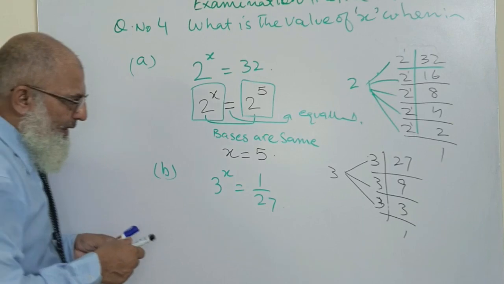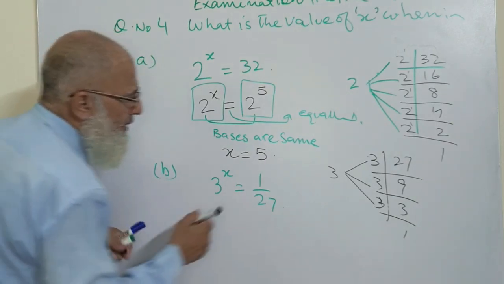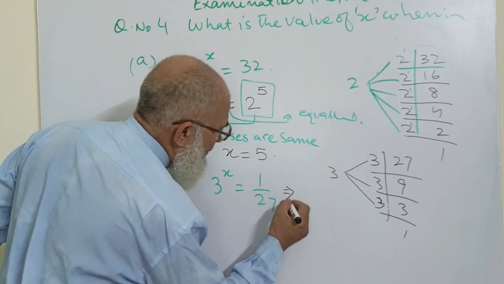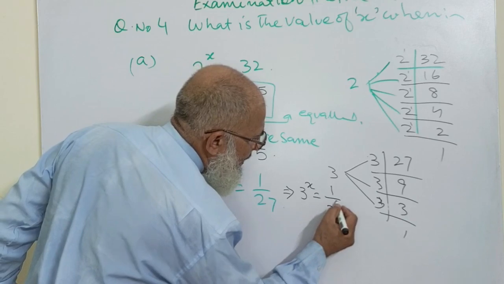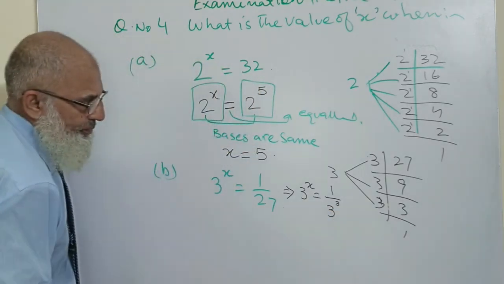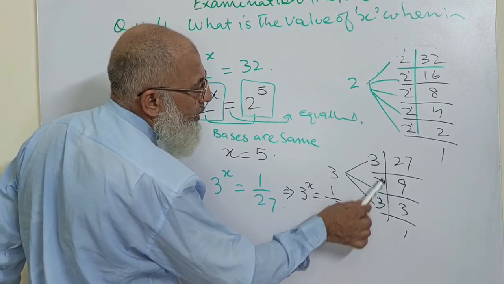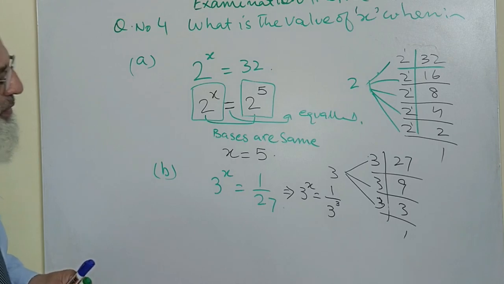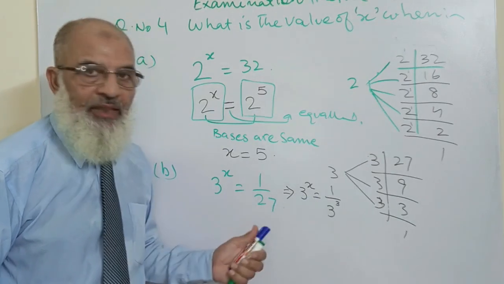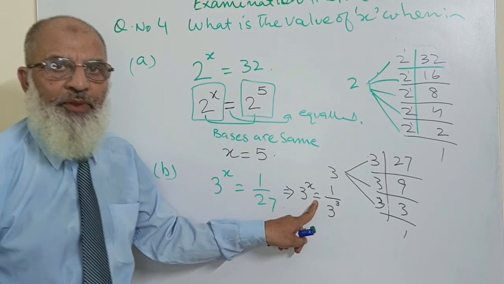So I can write the expression as 3 raised to power x is equal to 1 upon 3 raised to power 3. The powers are 1, 2, 3. But still, the bases are not same even though the sign of equality is between them.